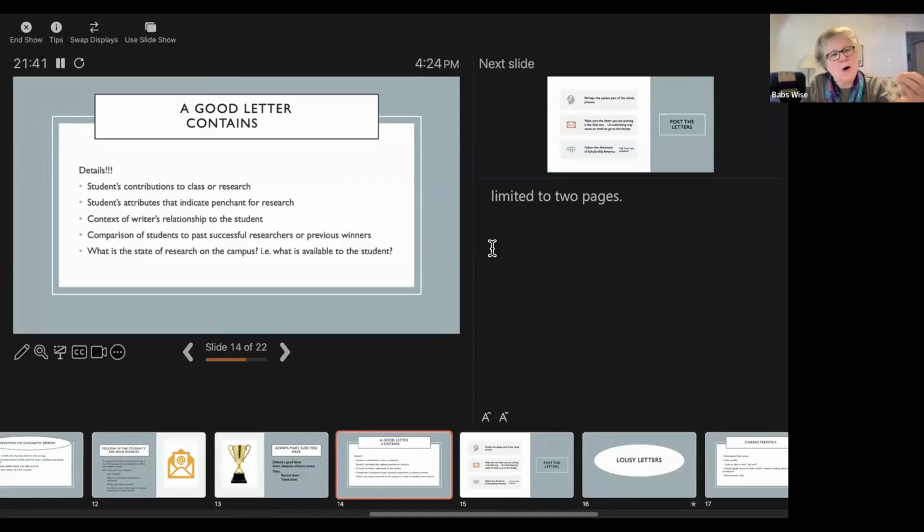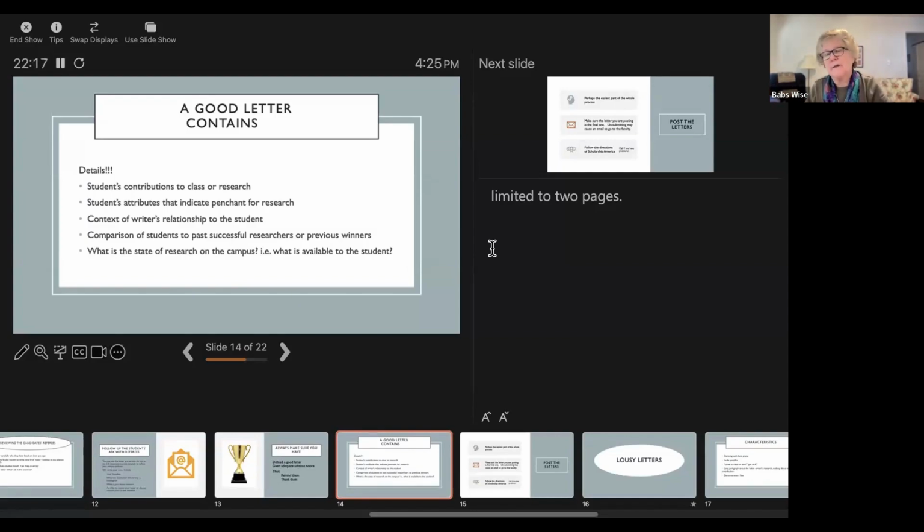If this student always spoke out in class and really had interesting ideas that carried a conversation along, that's an important thing they can note. Are there any attributes the student has that the faculty member knows mean they're going to be interested in research, and a real sense that this is a researcher at heart?